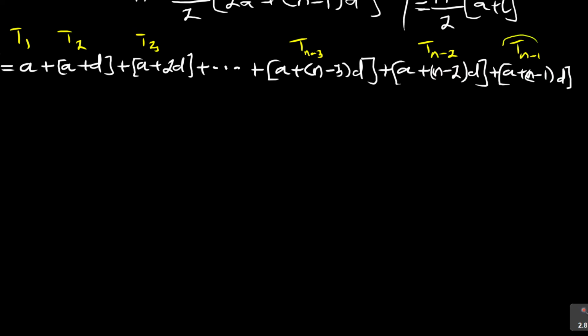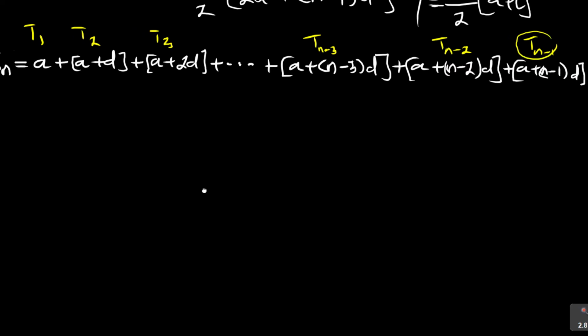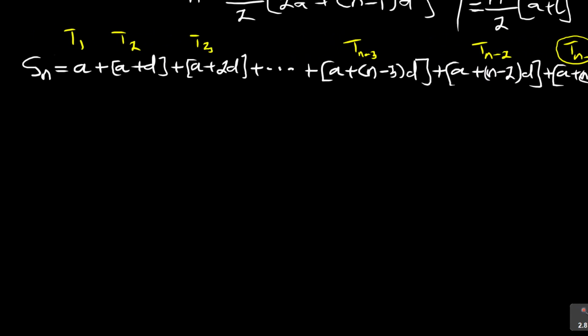So if I start with this last term, what am I going to have? I'm going to have here again my Sn is equal to a plus (n minus 1)d. See that? I'm just starting from the last to the first. So I'm going in this direction.